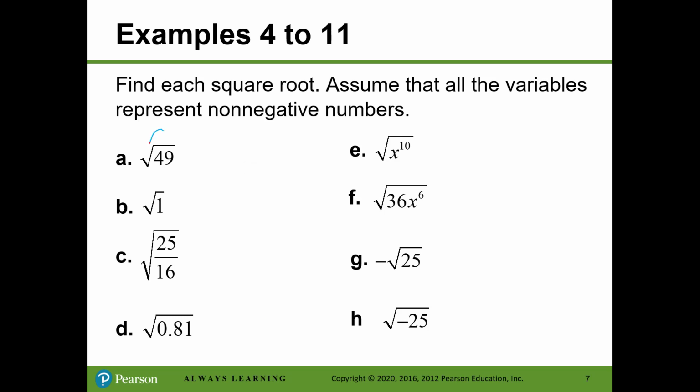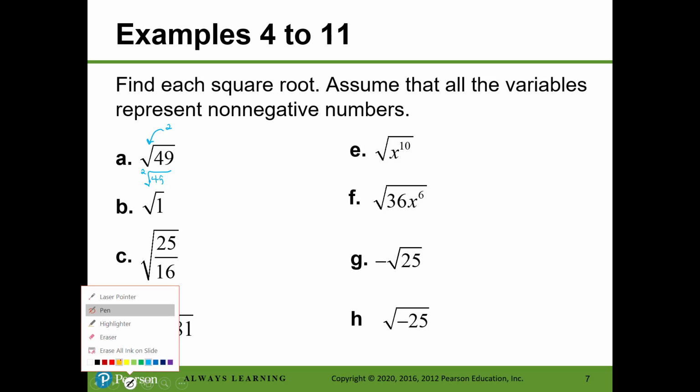Let's take a look at these particular examples. Do you notice there's no index written here? That automatically means it's a 2, which means I am looking for the square root of 49. You know what the square root of 49 is. What is it? Good. It is 7.